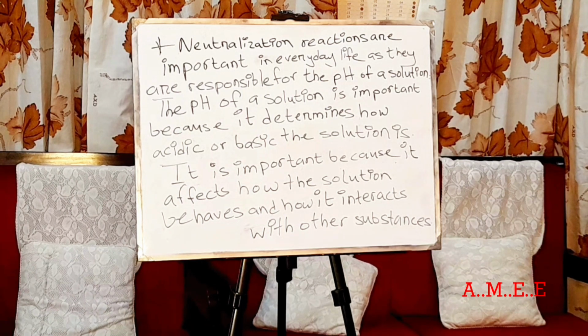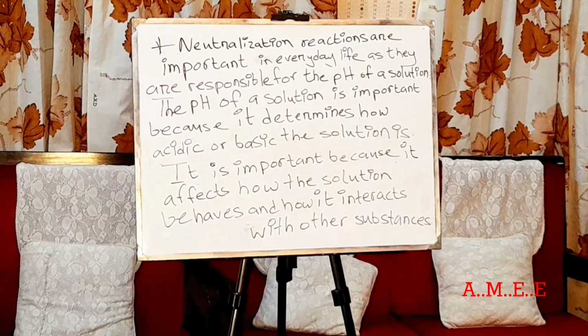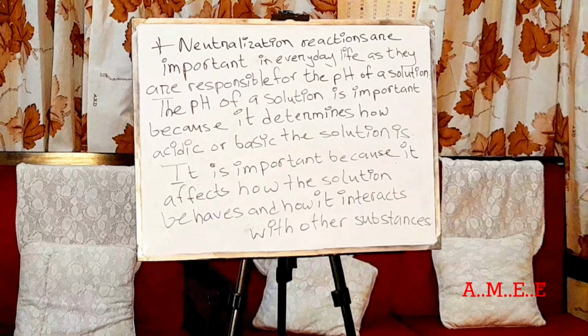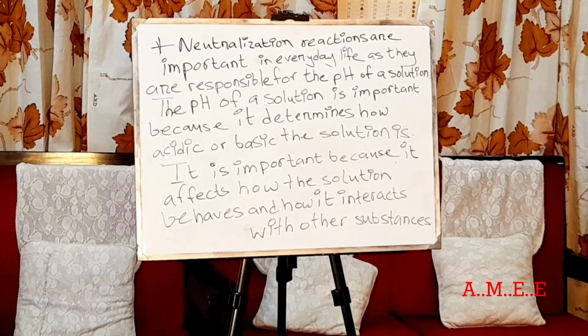For example, if you don't react HCl and sodium hydroxide together, you cannot get sodium chloride and water. So you cannot complete the reaction without the other. They depend on each other. That is why it is called the reagent. Acid is the reagent of alkali, and alkali is the reagent of acid.